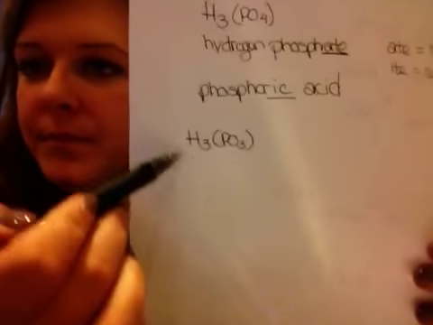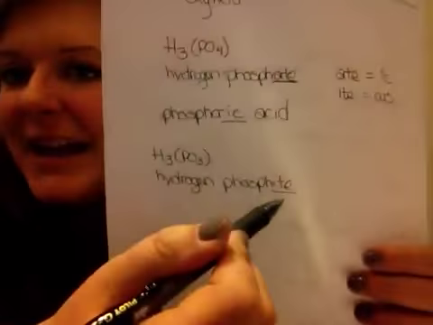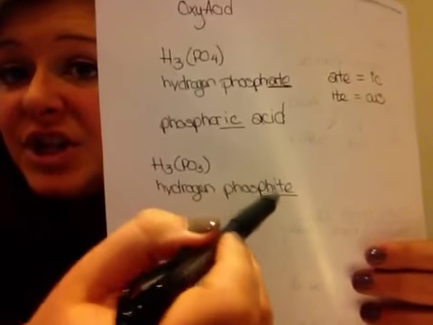Let's look at how H3PO3 would be different. PO3 is phosphite. So before we would have named this just hydrogen phosphite. I'm going to look at this ending here, and that ending is -ite. We're going to change this -ite to an -ous.